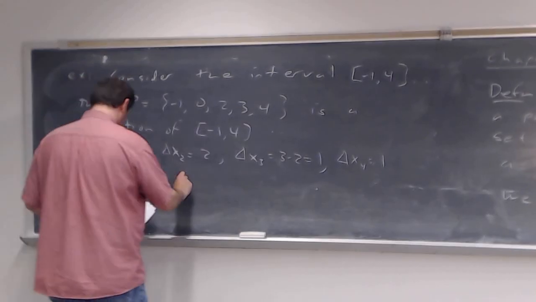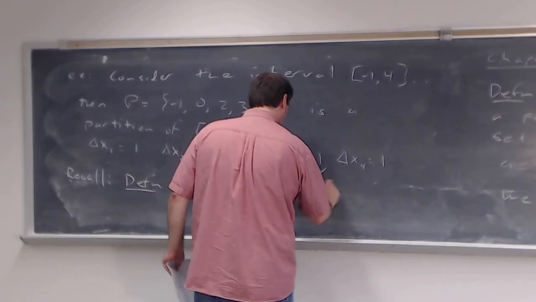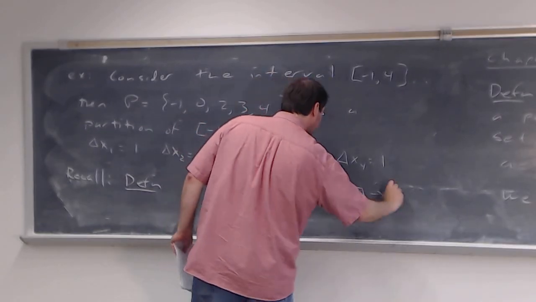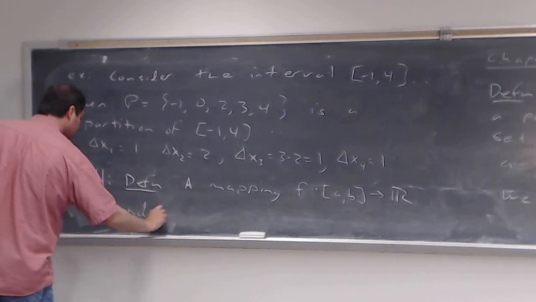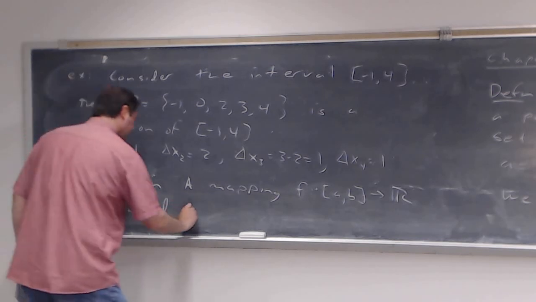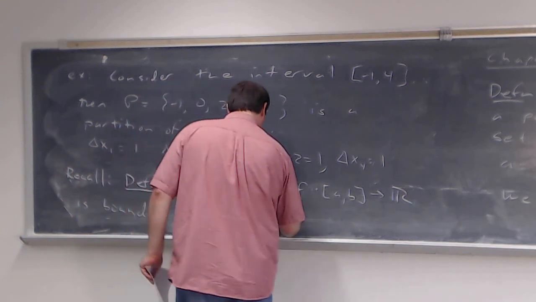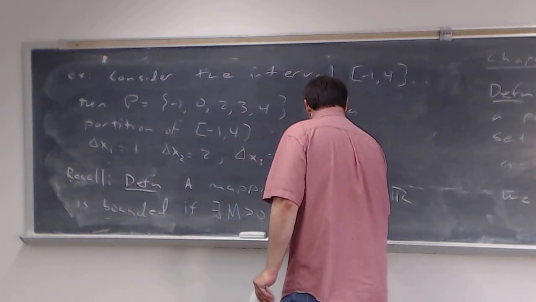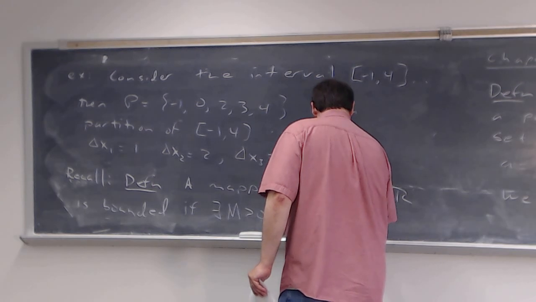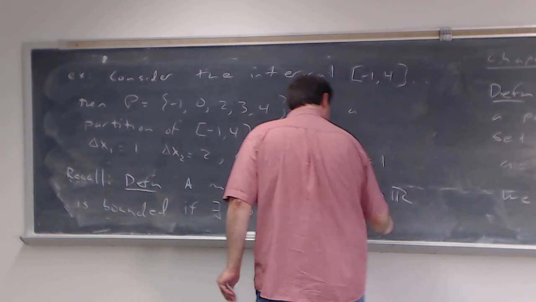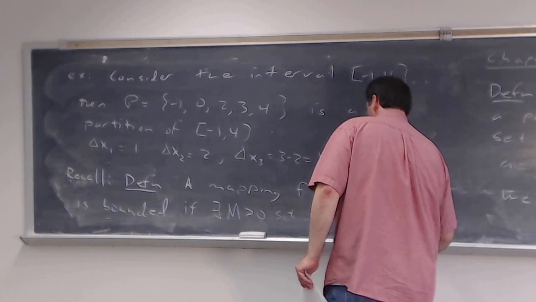It says a mapping f going from [a, b] into R is bounded if there exists a real number M greater than 0 such that the absolute value of f of x is less than or equal to M, and that's true for all x in [a, b].